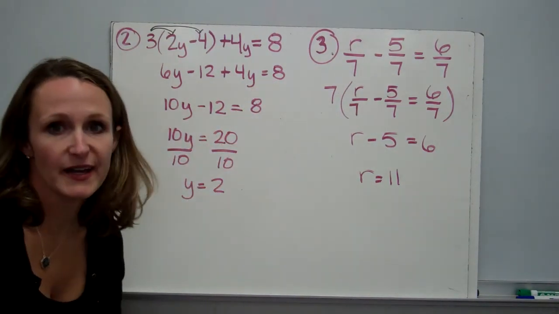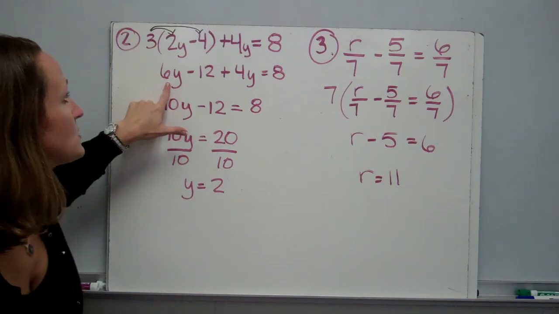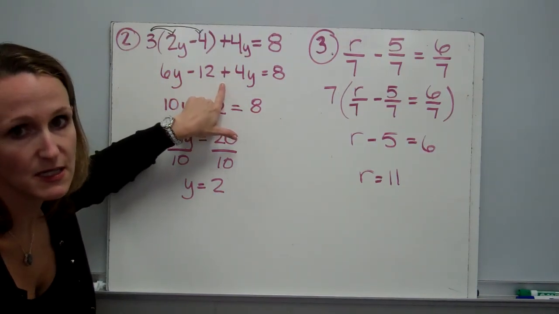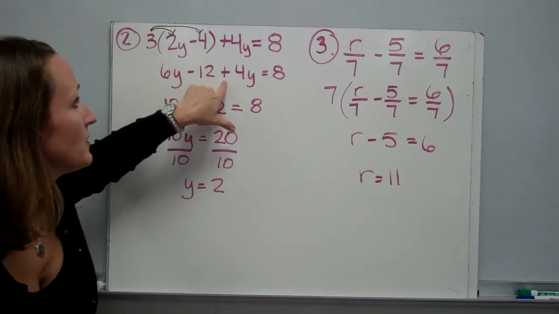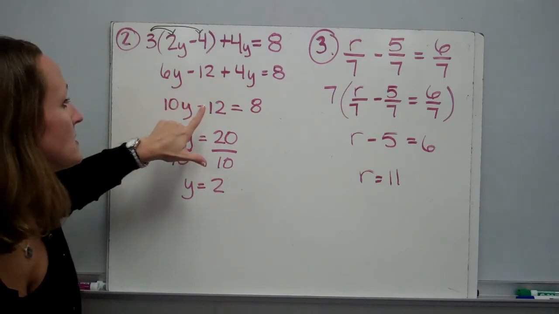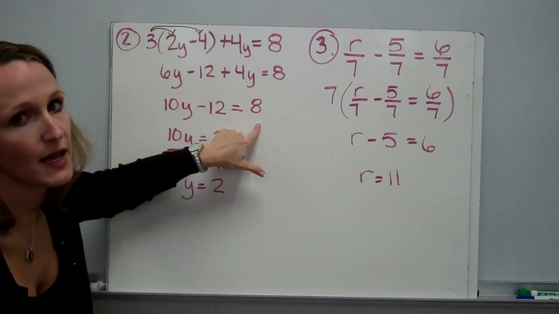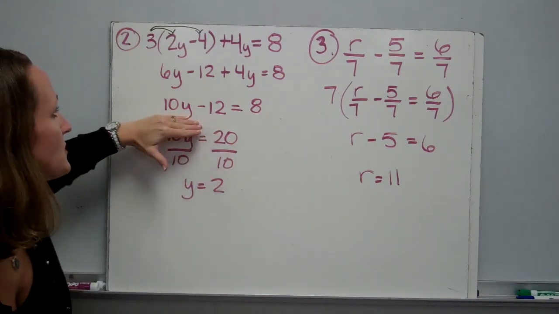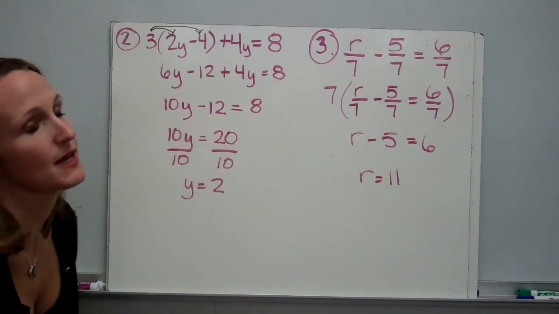Next step, combine any like terms. 6y plus 4y, and remember, you keep whatever plus or minus is in front of it when you combine. So this became a positive 10y, minus 12, and it equals 8.